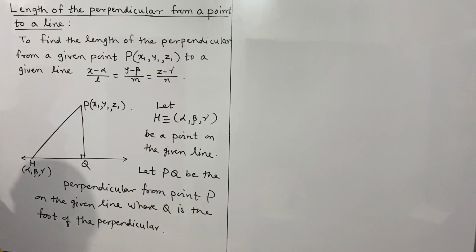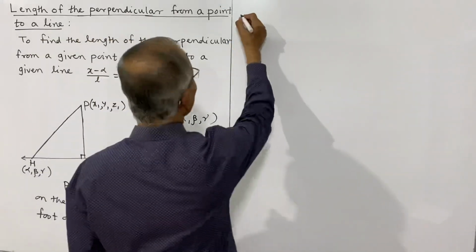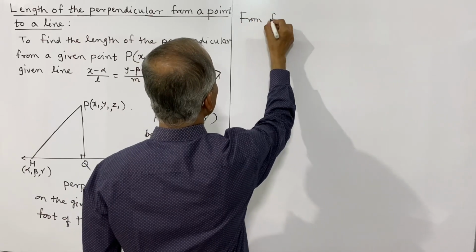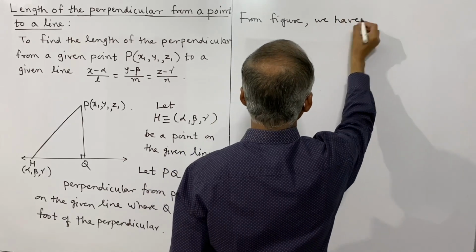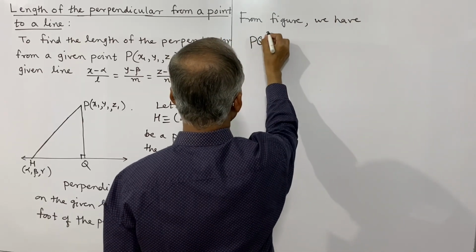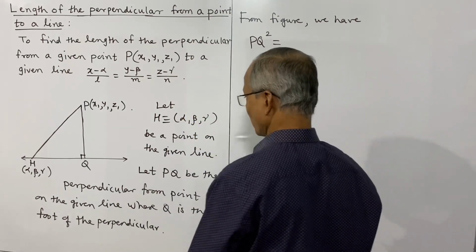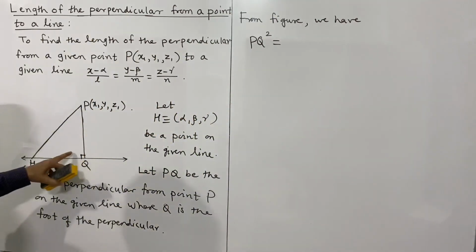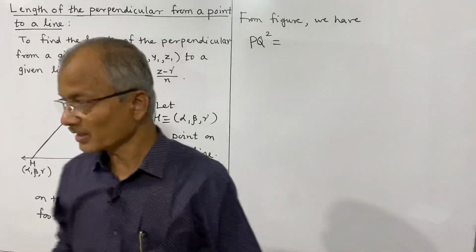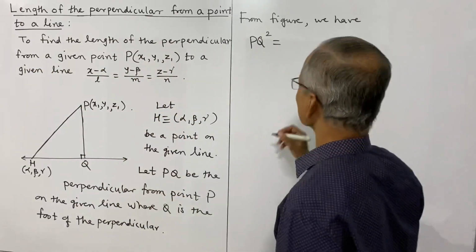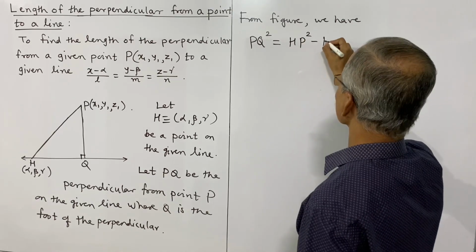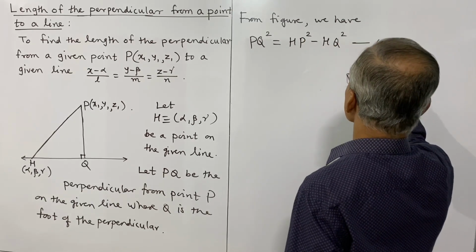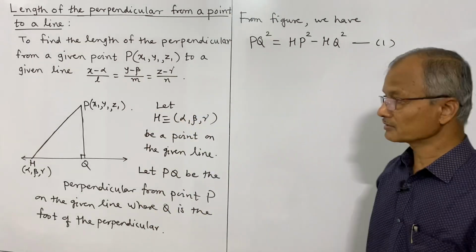This is the perpendicular, and from the figure this is a right angle triangle. We want the distance or length PQ. So it will be PQ square, and we can use Pythagoras theorem, that is hypotenuse square, HP square, minus HQ square. So this is the required relation between the lengths.